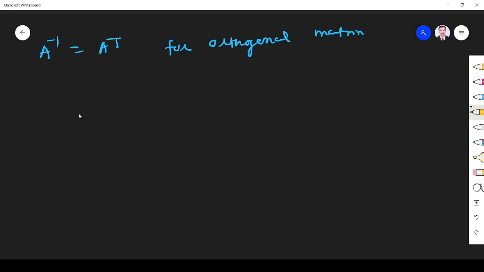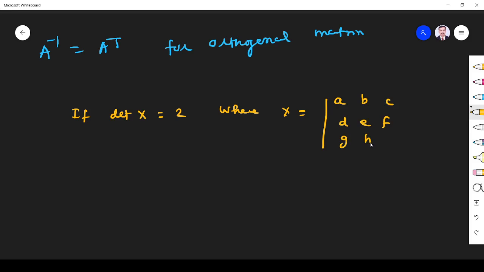First one: if determinant of X is equal to 2, where X is the matrix a b c, d e f, g h i, what is the determinant of 2X inverse?